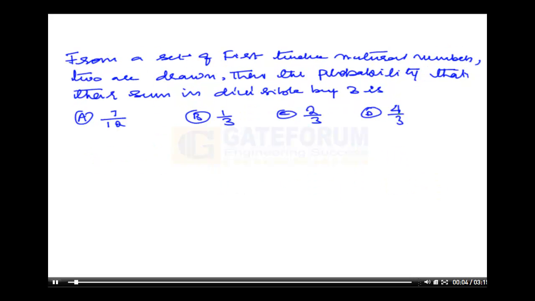Find the probability that the sum of the numbers, when you take 2 at a time from the given 12 natural numbers, should be divisible by 3. So therefore the sample space in this case, that means taking 2 at a time out of the given 12, is 12C2.